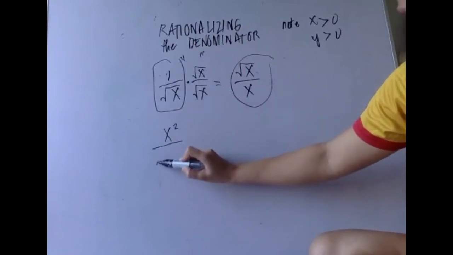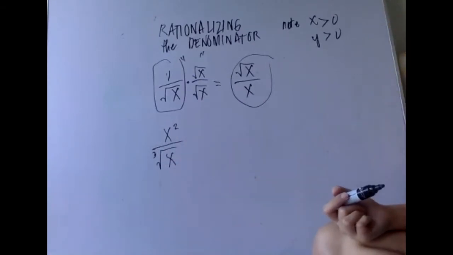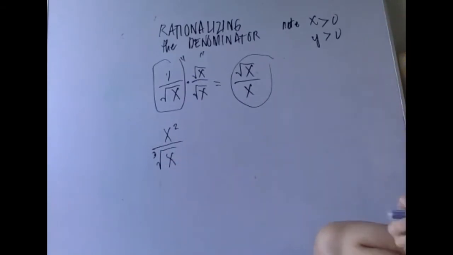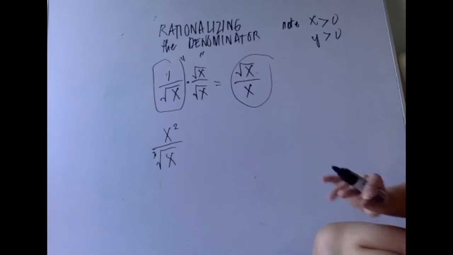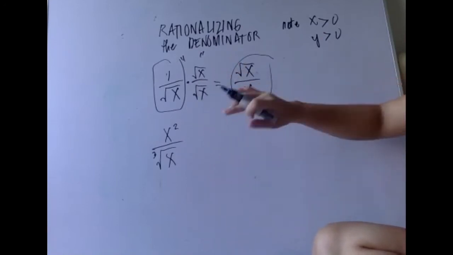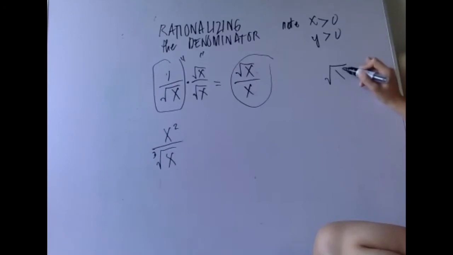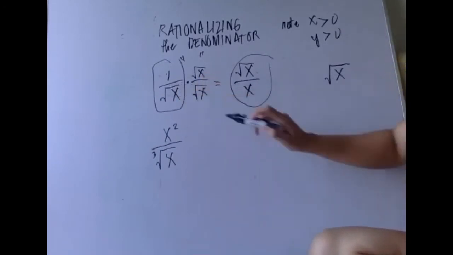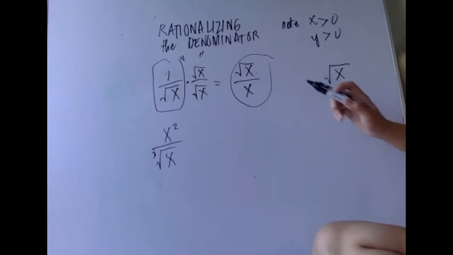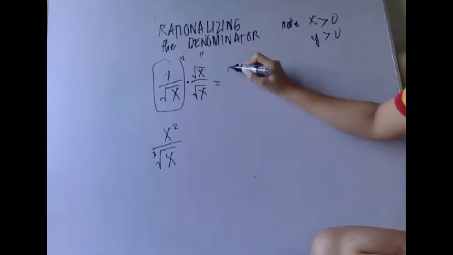How about this one? How about if you have cube root of x? Anong i-multiply mo dyan? Okay? Take note na ang idea nito, yung sa ginagawa natin dito sa taas is, for example, if you have a square root of x, if meron kang square root, ang goal mo is magkaroon ka ng... isusulat ko muna.